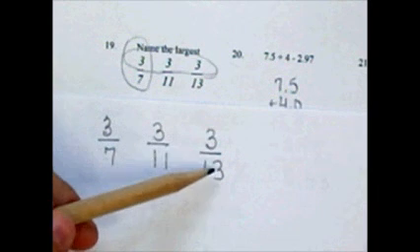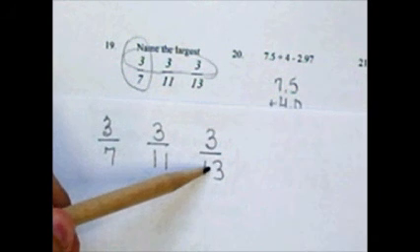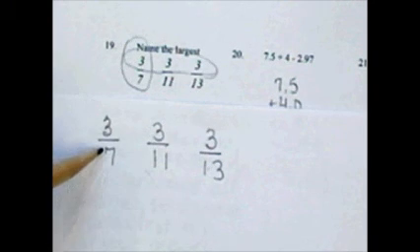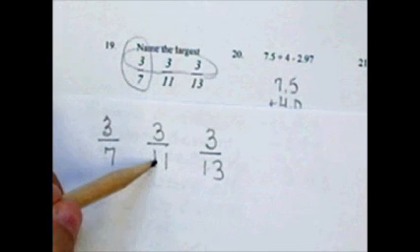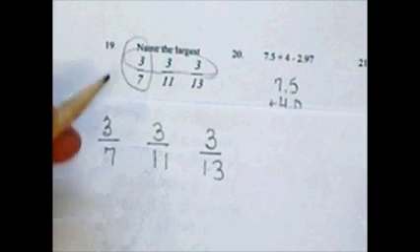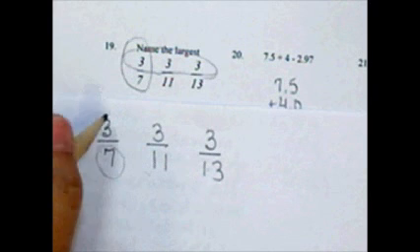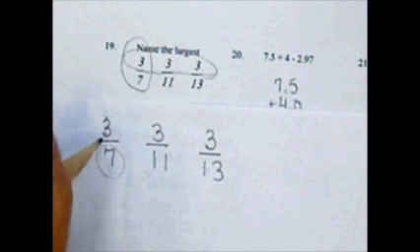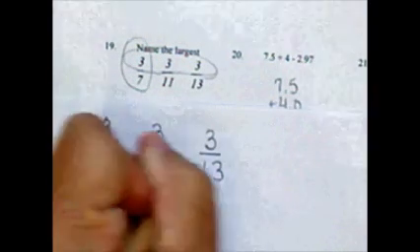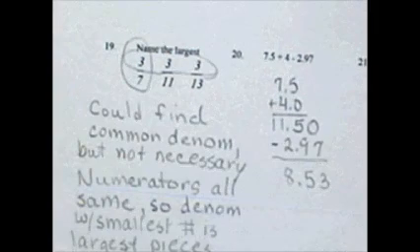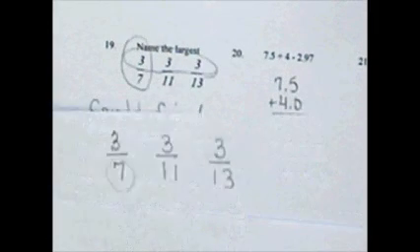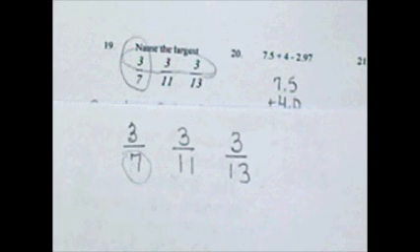Ignore the top and just think about the bottom, which is the largest size of piece. I would rather have a pizza divided by 7 pieces than one divided by 11 if I was going to only get one piece, because this would be the largest pieces. Now, if I have 3 of the largest pieces, they're going to be larger than all the others. So by common sense, you don't have to do anything. Since they all have the same numerator, 3 of the largest would make 3/7 the largest.